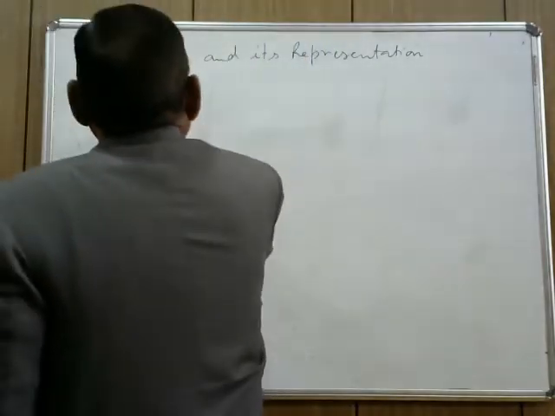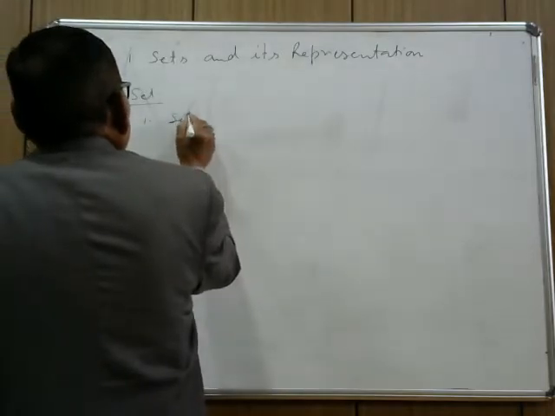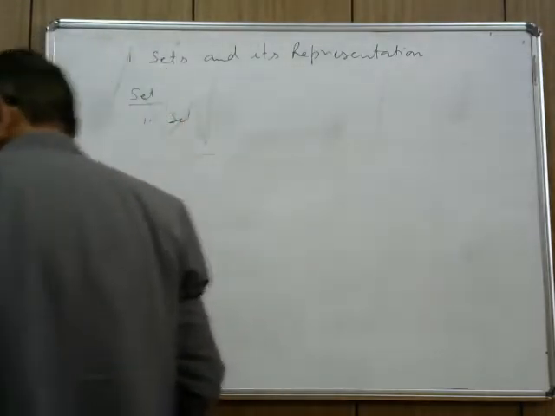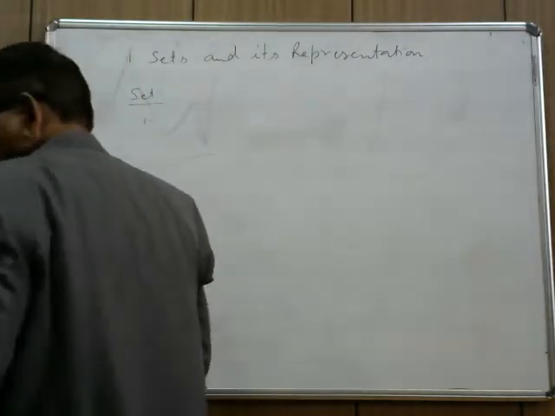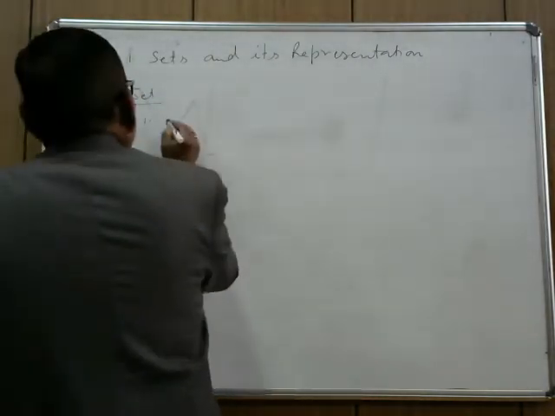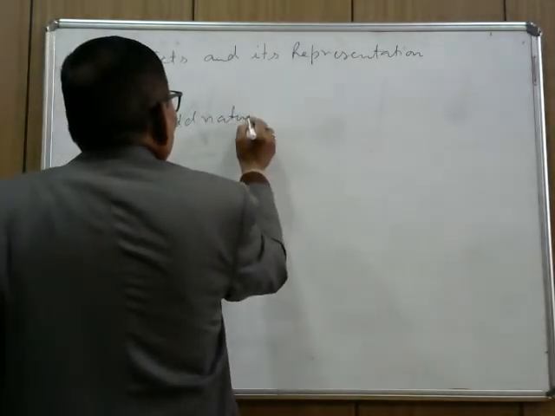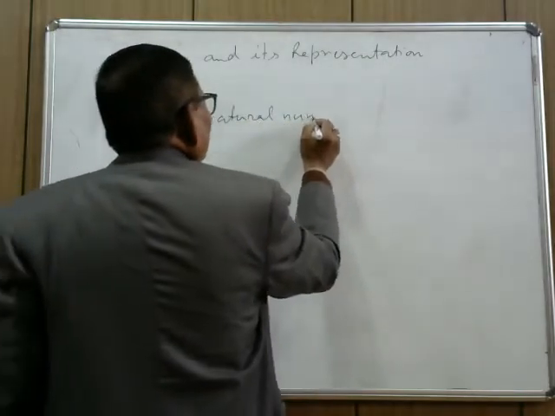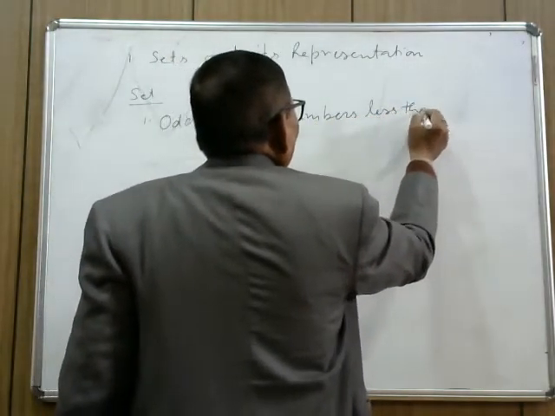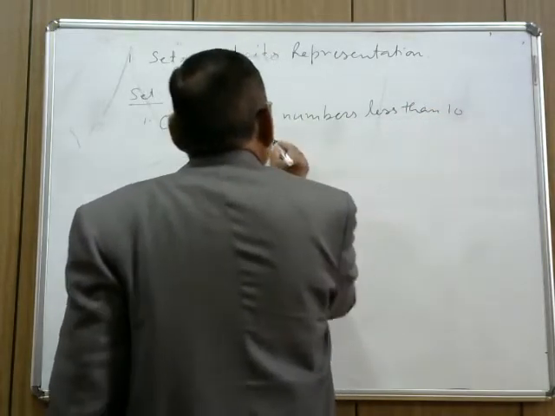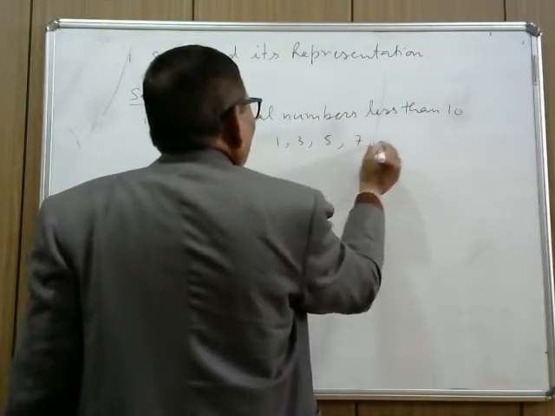This is my first example: the collection of odd natural numbers less than 10. That is 1, 3, 5, 7, 9.